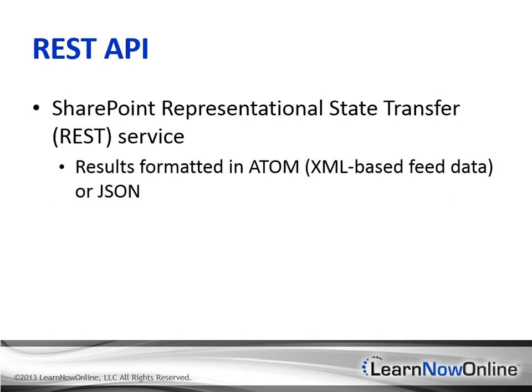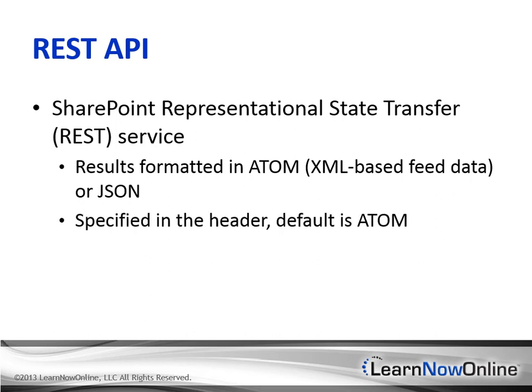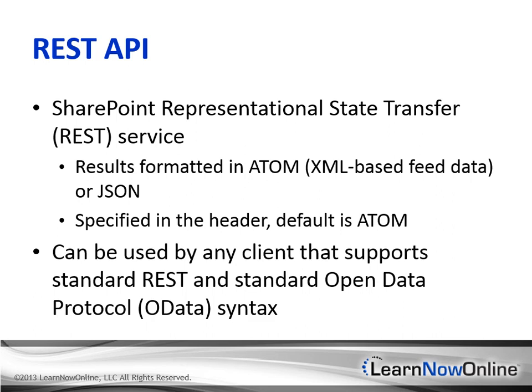You're going to a URL endpoint, and you get results formatted back in Atom, or you can get JSON, either one. JSON's usually better because it's a lot more compact, and you can specify it in the header. The default is Atom. The cool thing about the REST API is that any client can consume it, as long as that client supports standard REST and standard Open Data Protocol, OData, syntax.